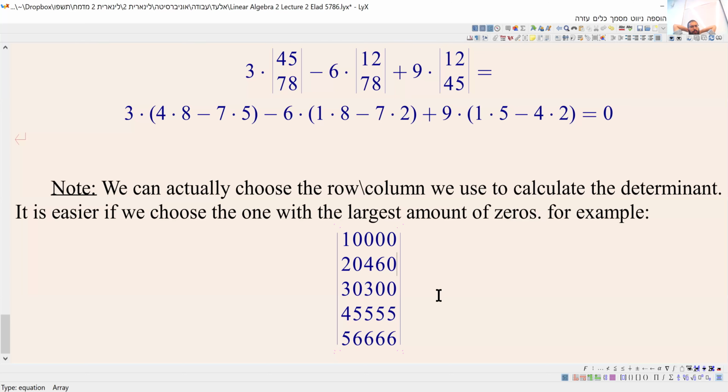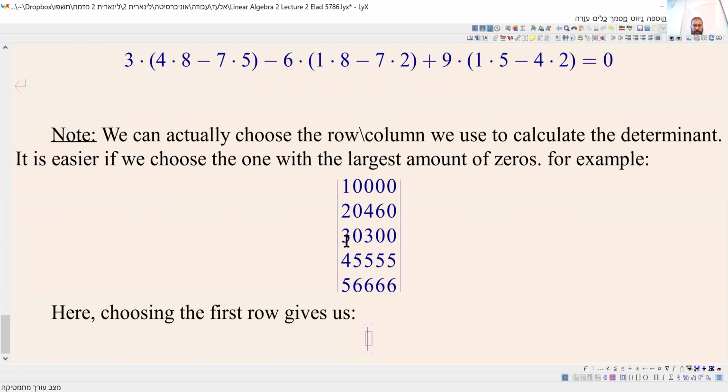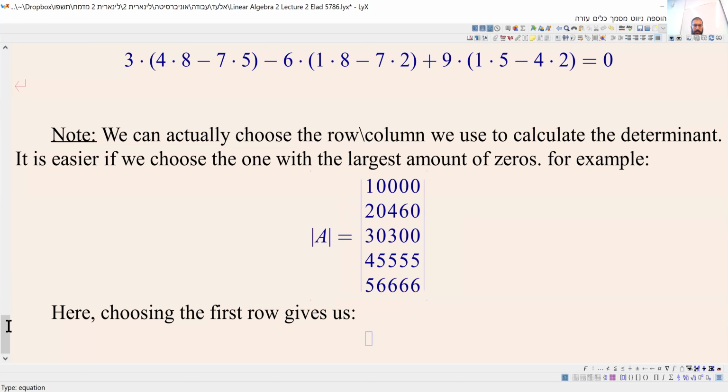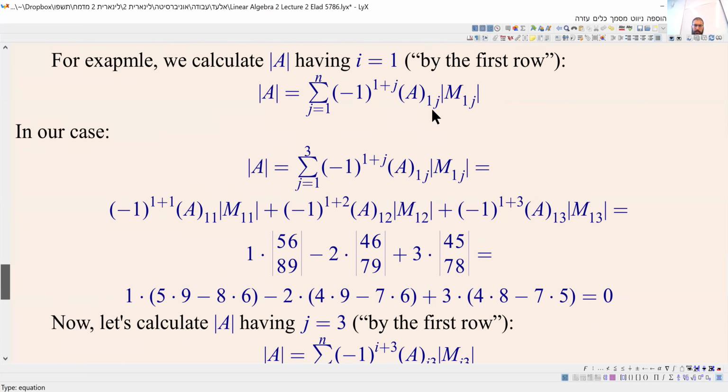So choosing the first row here gives us, we call it A, I think, this formula, first row.